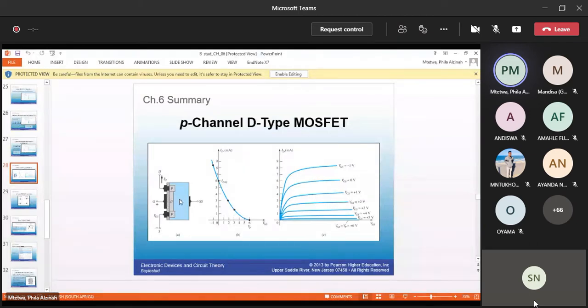You have a silicon dioxide there, and your metallic contacts which give you your drain, your gate, and your source. The symbol of a depletion type MOSFET is what it looks like. With the arrow pointing in on the substrate, that's your N channel. With the arrow pointing out on your substrate, that's your P channel depletion type MOSFET.